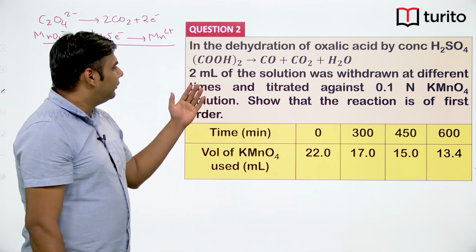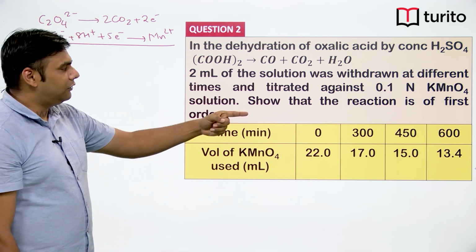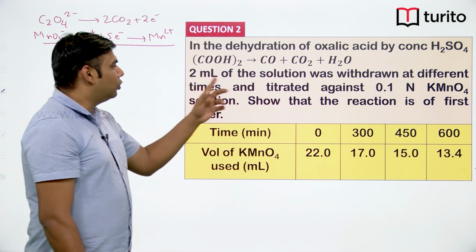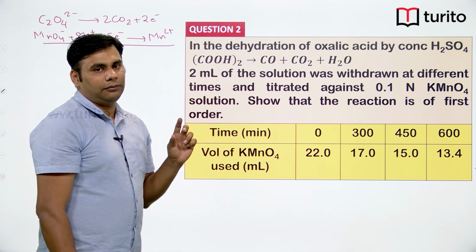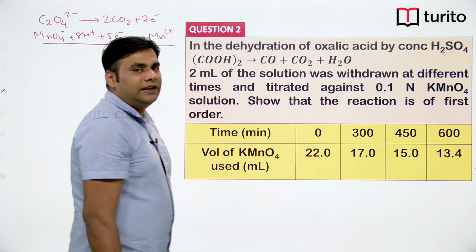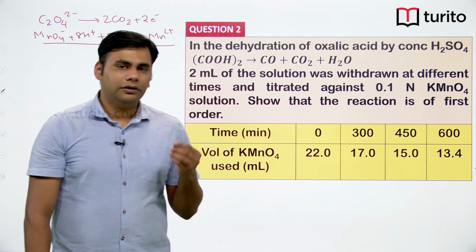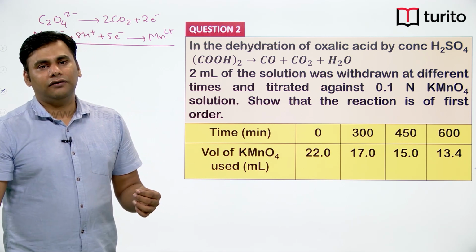After every particular time, whenever you are taking 2 ml of it and titrating with KMnO4, at that instant you are coming to know the amount of oxalic acid present at that particular time. Say there were 10 moles of oxalic acid initially, and after 10 seconds 8 moles were left. So we withdraw some amount from the reaction mixture and titrate with KMnO4.